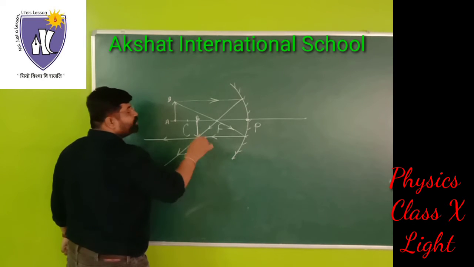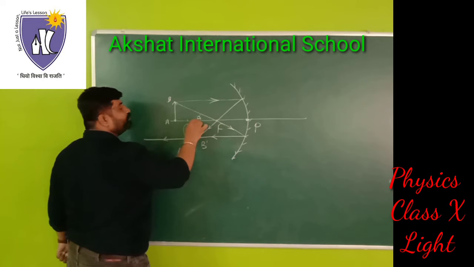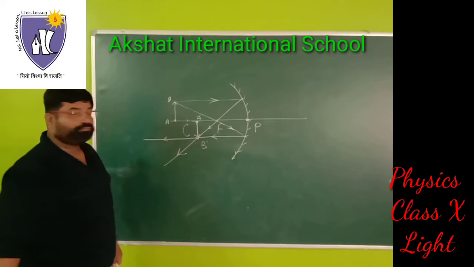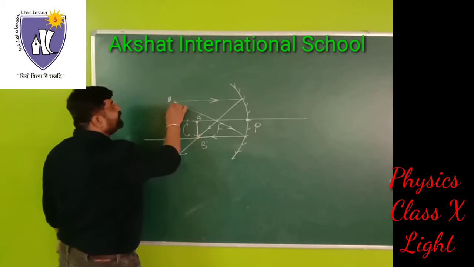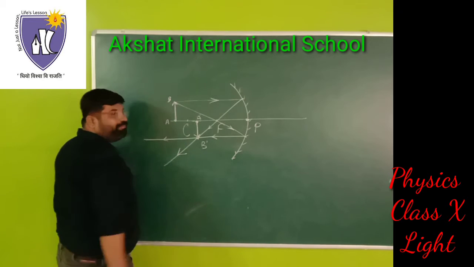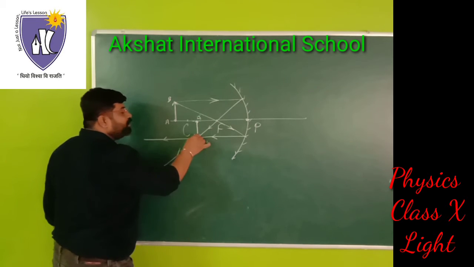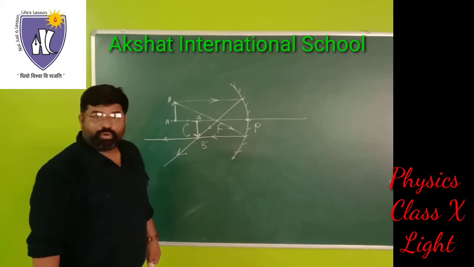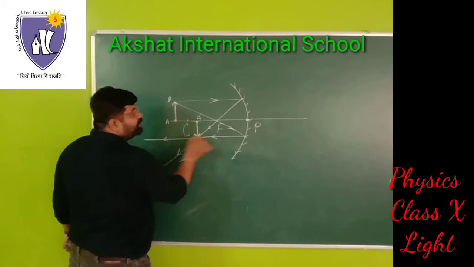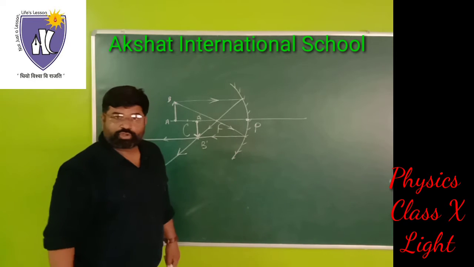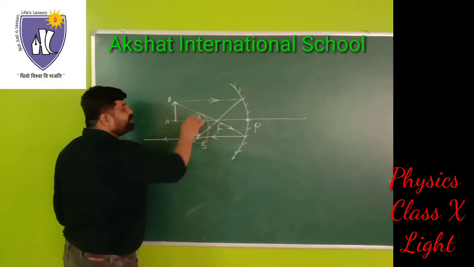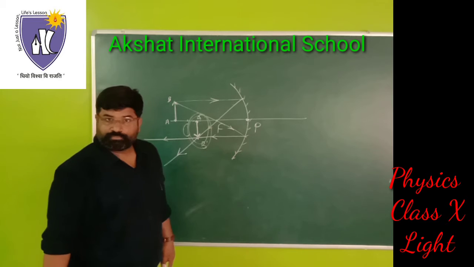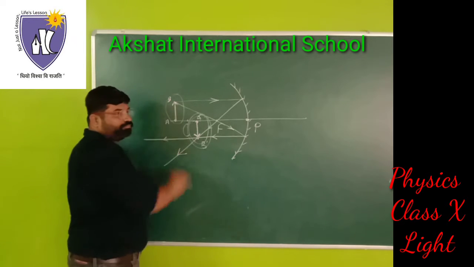So we see that the image of this object AB is formed real and inverted. Here the rays are intersecting really, so we say that this image is a real image of this object.